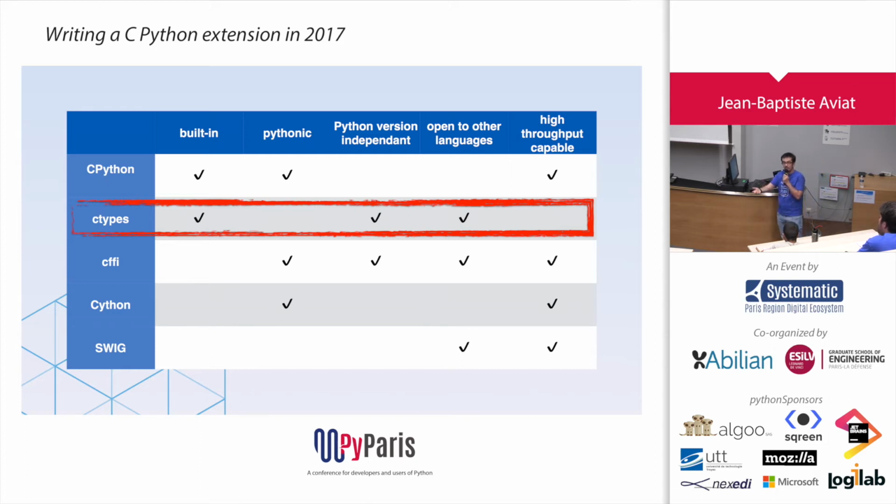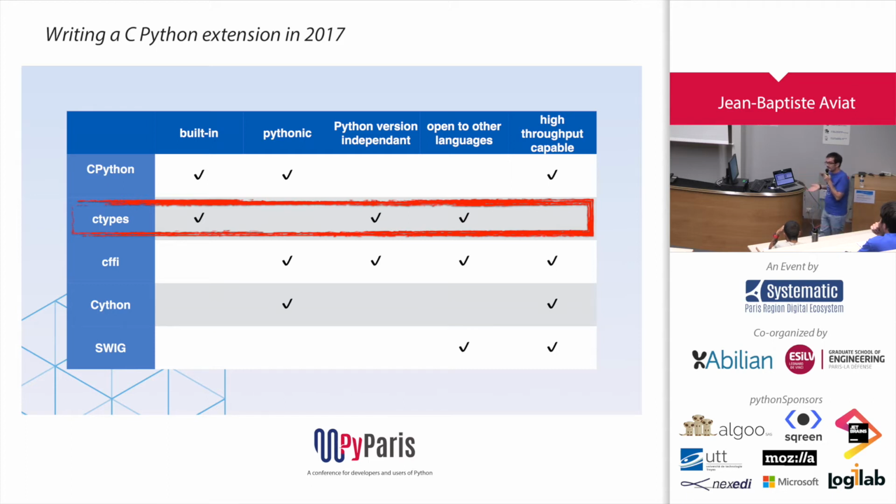It just interfaces with the standard C types. That's something that is appreciable. It's not high throughput capable, or it is, but it's much more complicated to do than with a CPython extension, because you don't have all the semantics of the internals of Python that you can use from it.